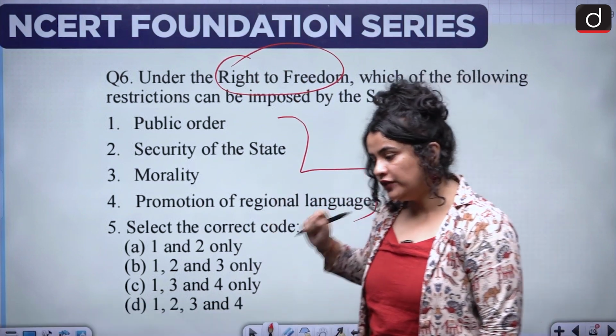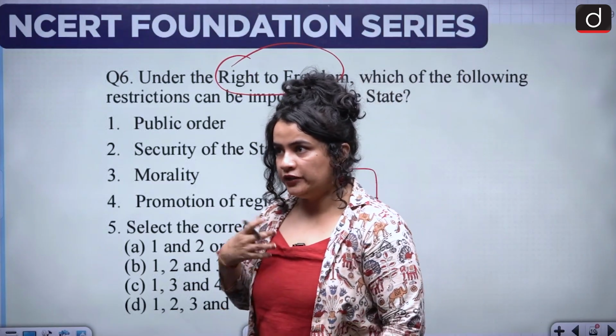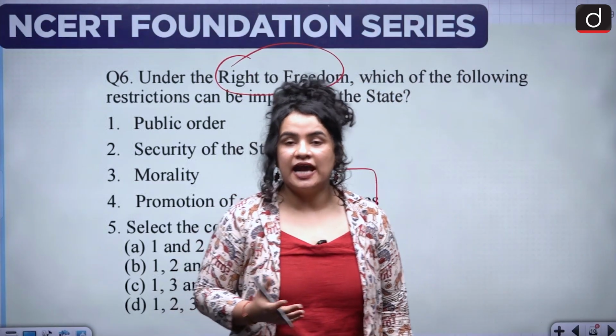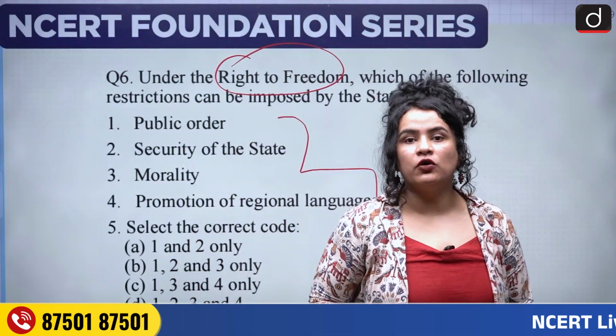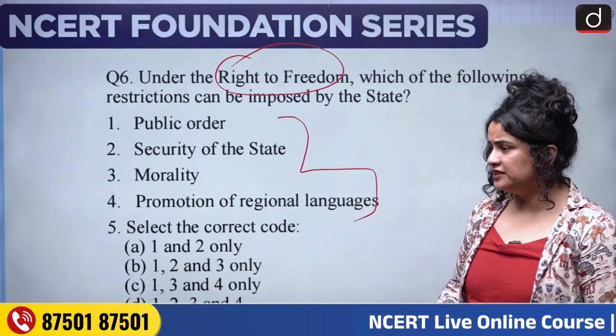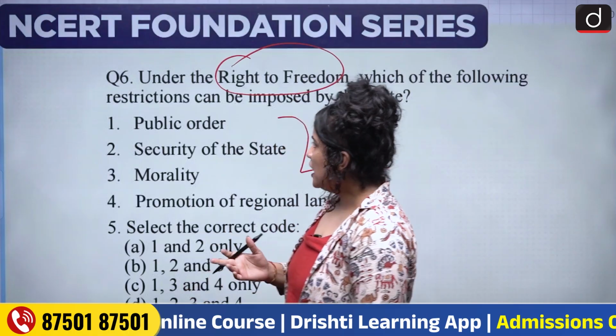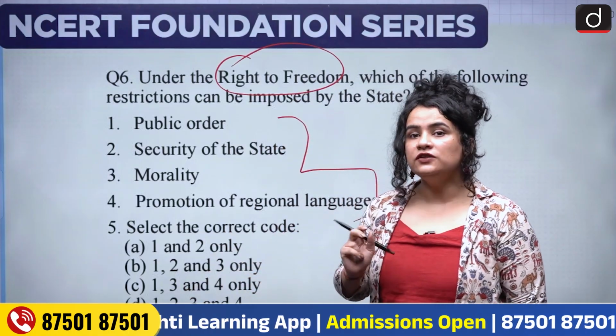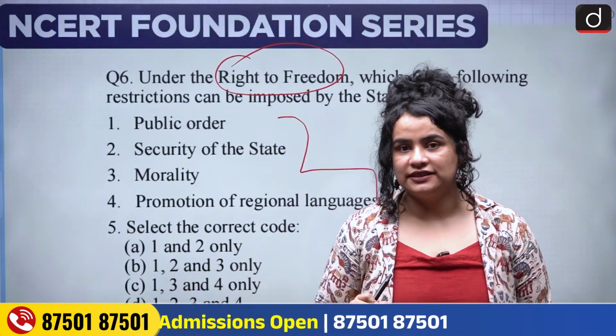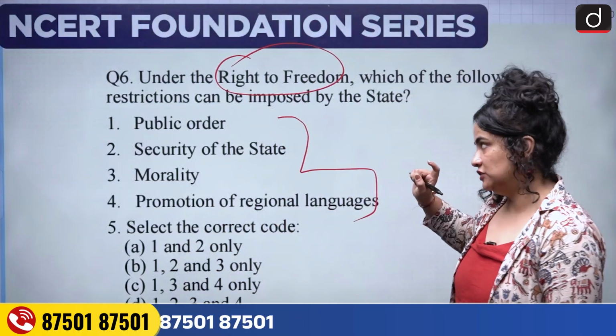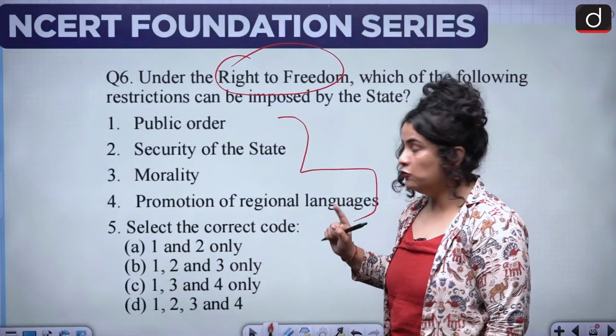You can be free to speak and express as you wish, you can form your trade unions and associations, and you can assemble peaceably, without arms. But all of these freedoms, all of these guarantees, are subject to certain restrictions. Let's see one by one.